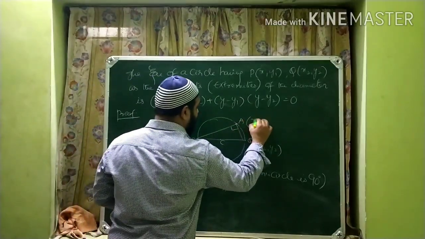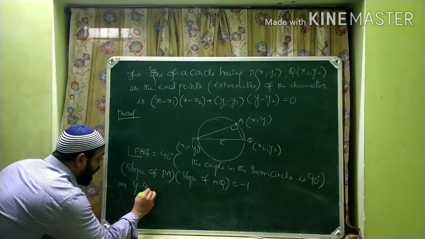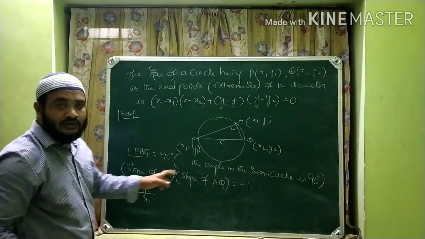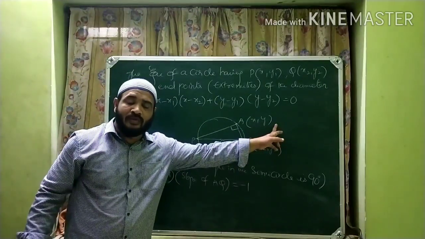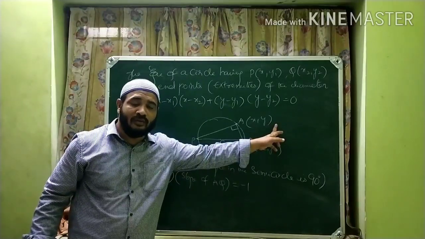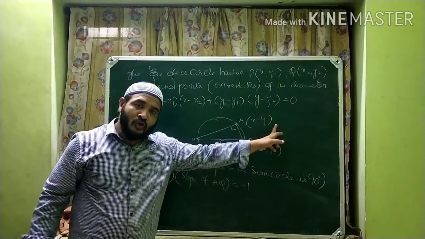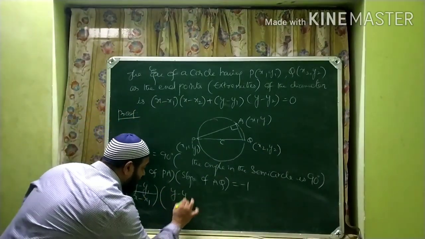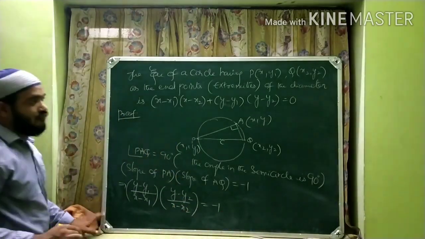Let this be x comma y. So this is (y minus y1) by (x minus x1), into (y minus y2) by (x minus x2) equals to -1.